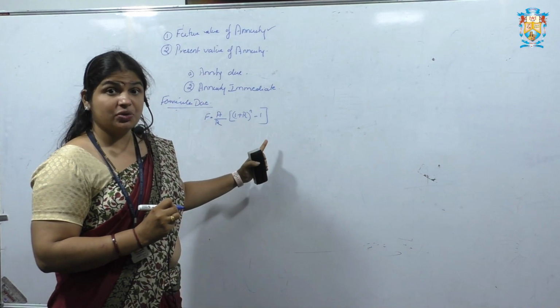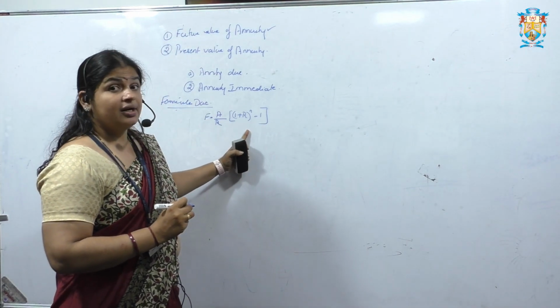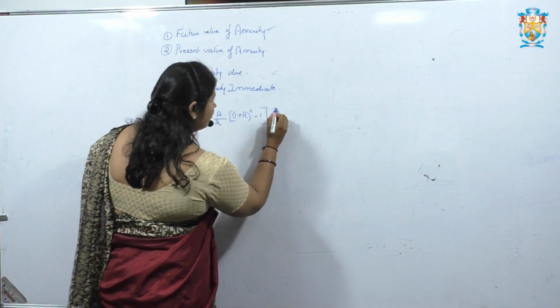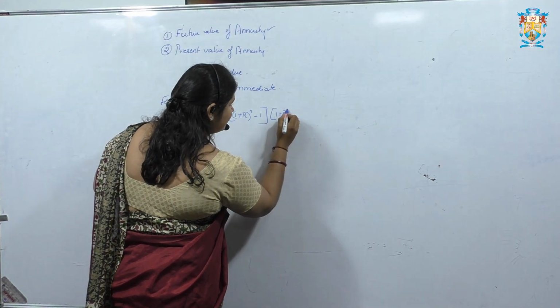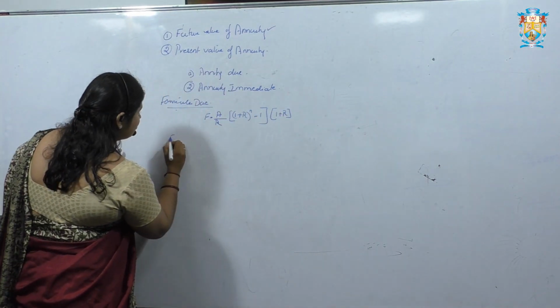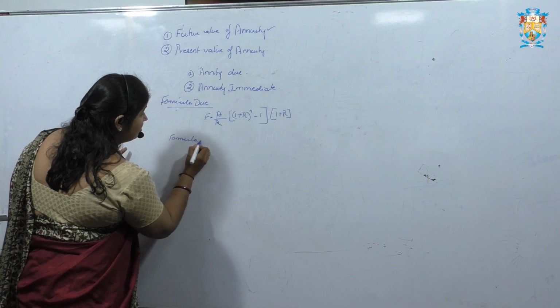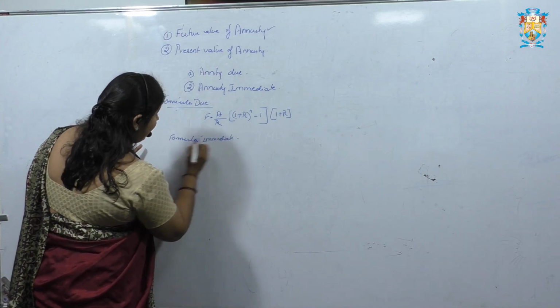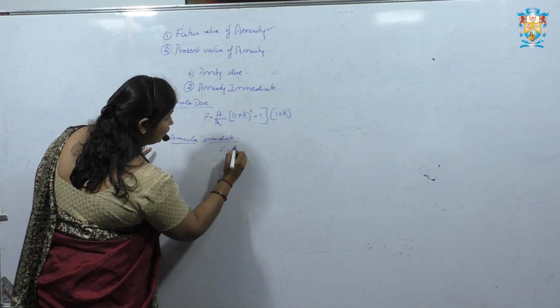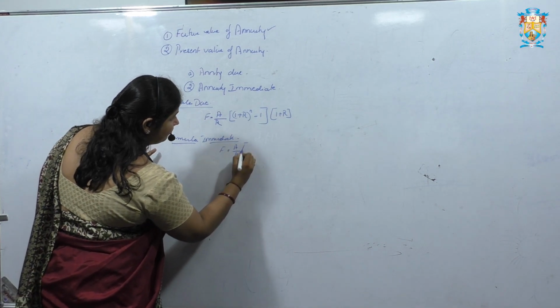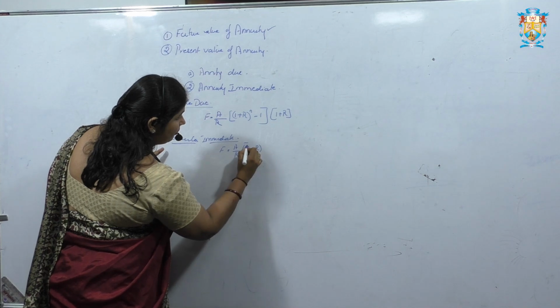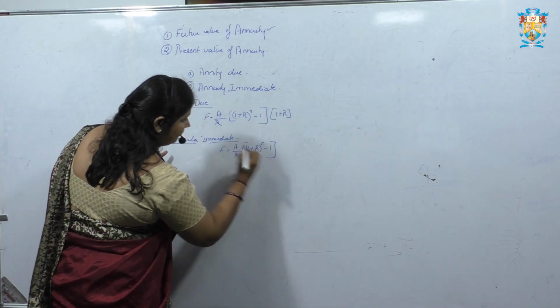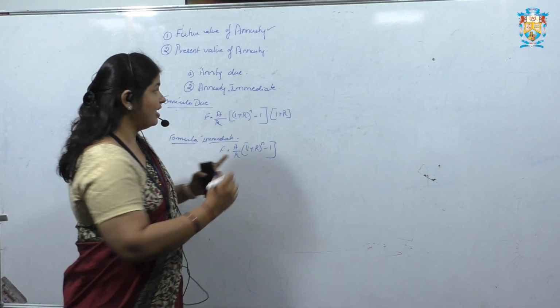This is the formula to calculate annuity due. Next, the formula to calculate annuity immediate. Annuity immediate: F is equal to A divided by R, into (1 plus R) to the power of n minus 1. This is the formula to calculate annuity immediate.